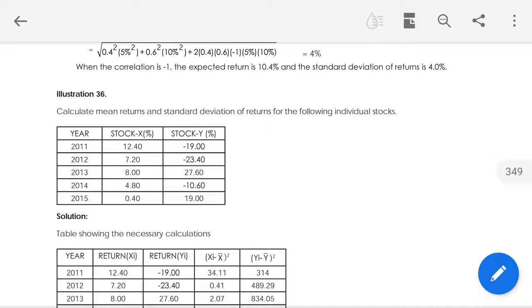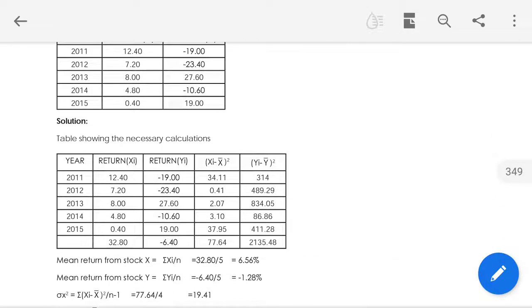So let us get into the answer. Firstly, we have written the years 2011, 12, 13, 14, 15 and corresponding returns on X and Y. Returns on X are indicated with XI and returns on Y represented with YI. Total returns during these 5 years in X is 32.80, that is the sum of returns, and for Y, it is minus 6.40.